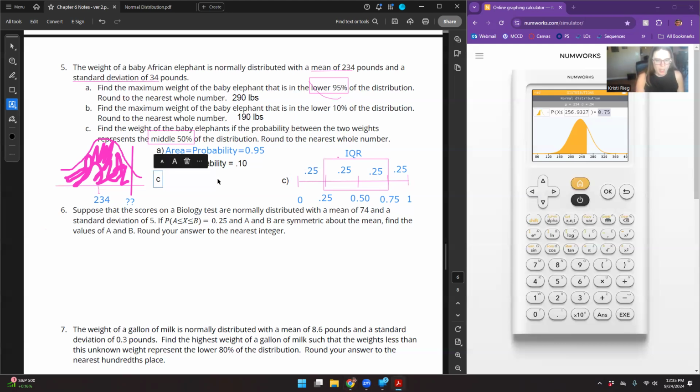Okay, that's fine. I only typed one thing in the calculator wrong. All this picture right here is all fine. So we're trying to find the weights that represent this range from Q1 to Q3. So I did 75% first. So Q3 to the nearest whole number is 250.